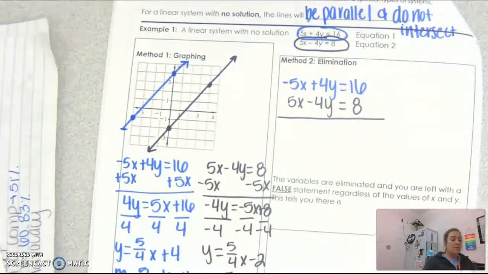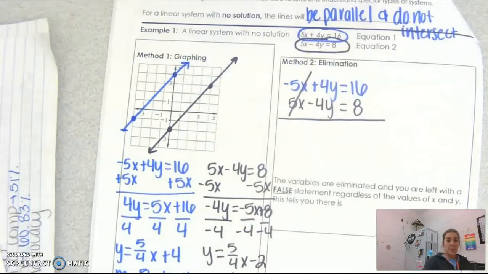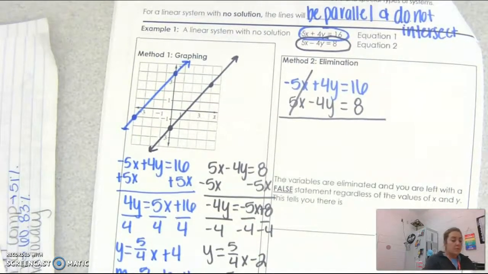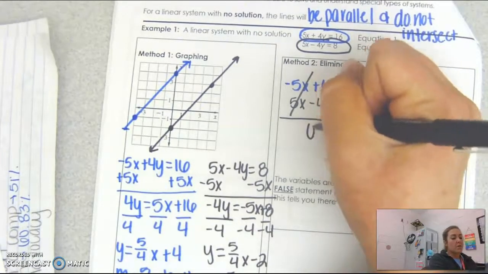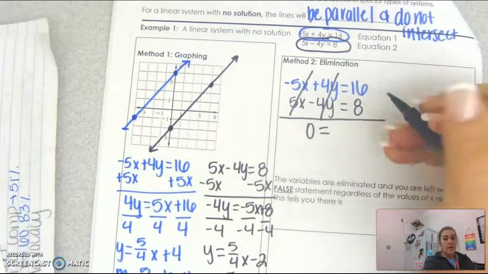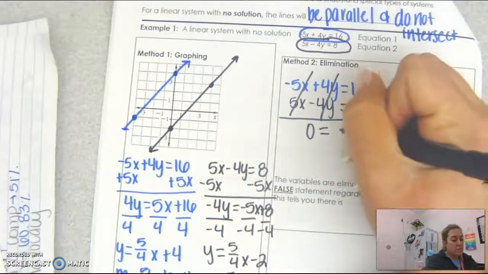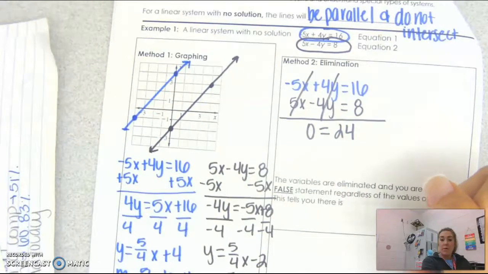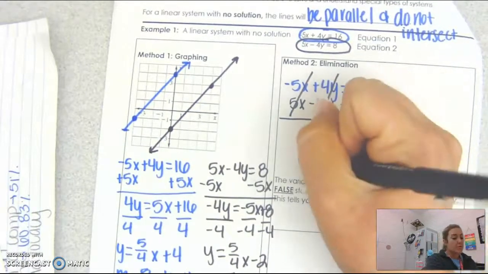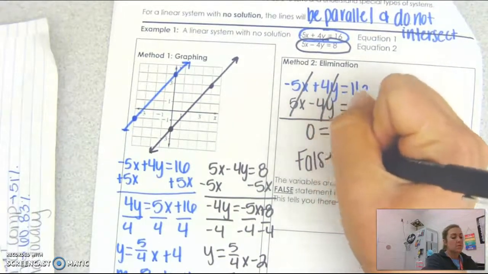Negative 5x plus 5x is 0, so my x's eliminate. And 4y minus 4y is 0, so my y's eliminate. So now I have 0 on the left side of the equal sign. And if I add down, 16 plus 8 is 24. Well, I know that 0 does not equal 24, so this statement is false.